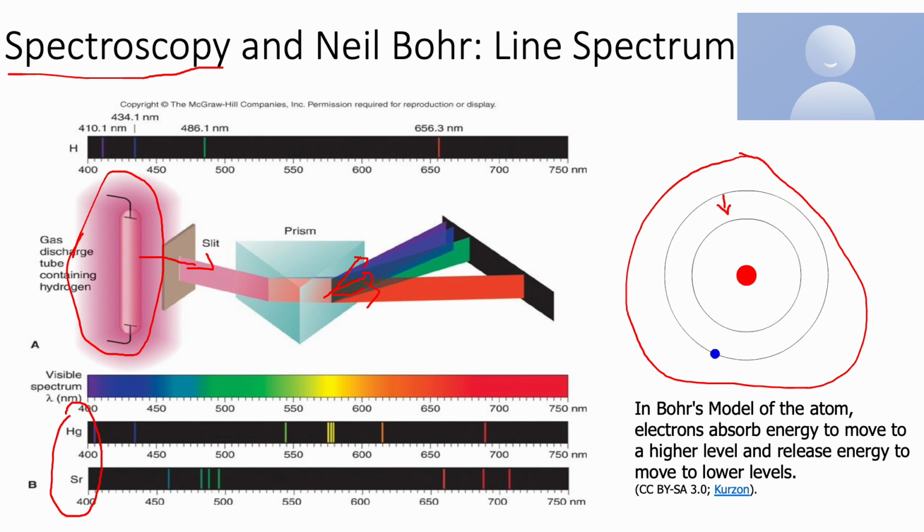As its specific electrons drop down from these excited states, it's releasing a specific type of light and energy. That gave Bohr the idea that electrons are not just in a fixed orbit; they're actually jumping between orbitals, up and then down. And guys, this is just what electrons do. They jump, and then they fall back down when they're excited.